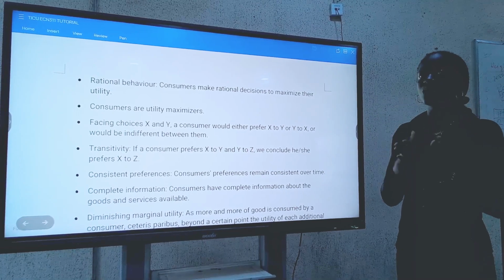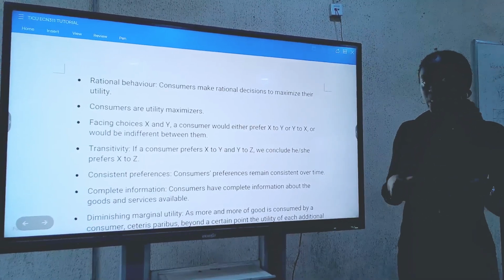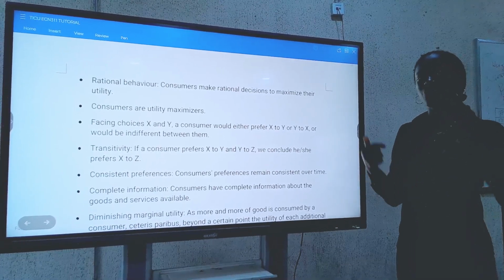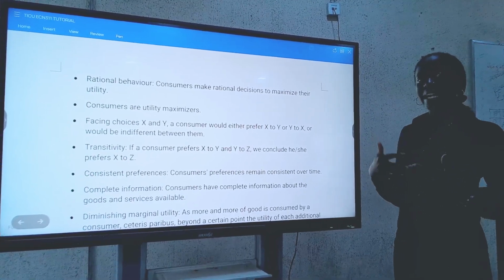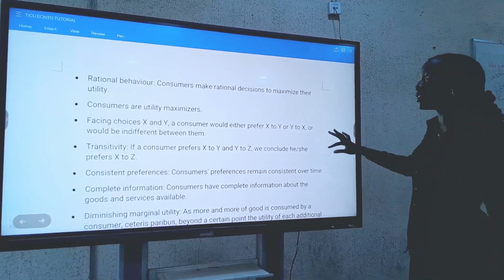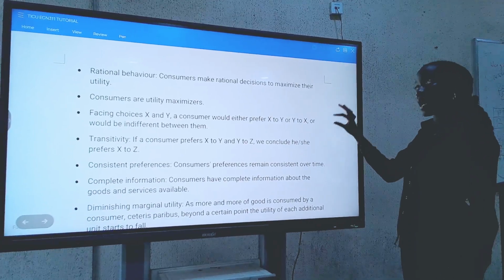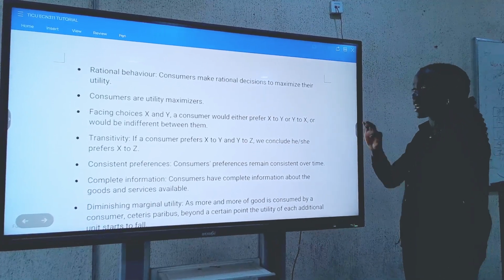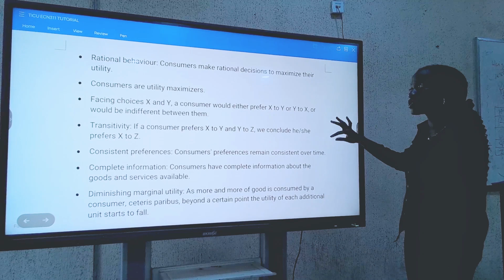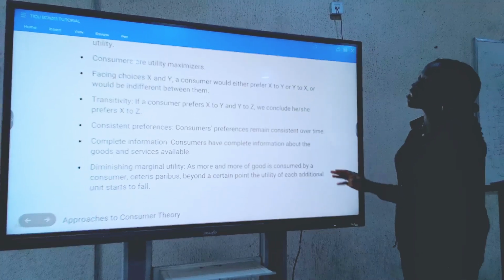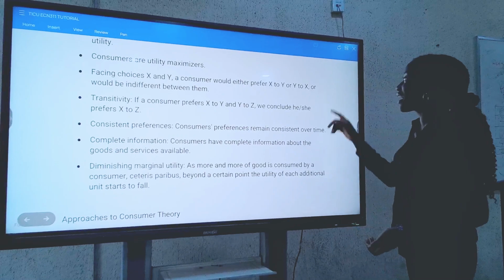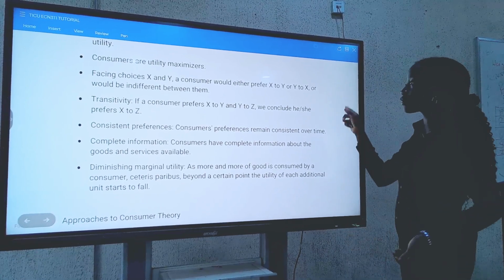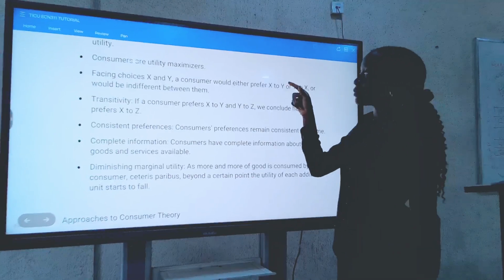I will not get wine over water if water is what I really need at that point, or if water is what my income can afford at that point. Consumers are utility maximizers. That means I maximize my utility the most. Then facing choices X and Y, a consumer would either prefer X to Y or Y to X, or would be indifferent between them.